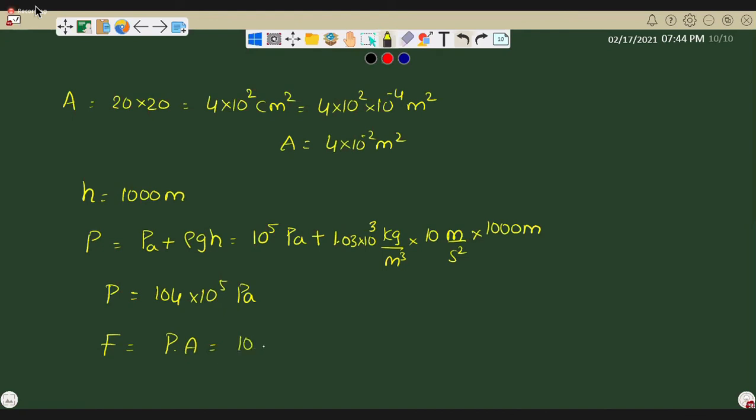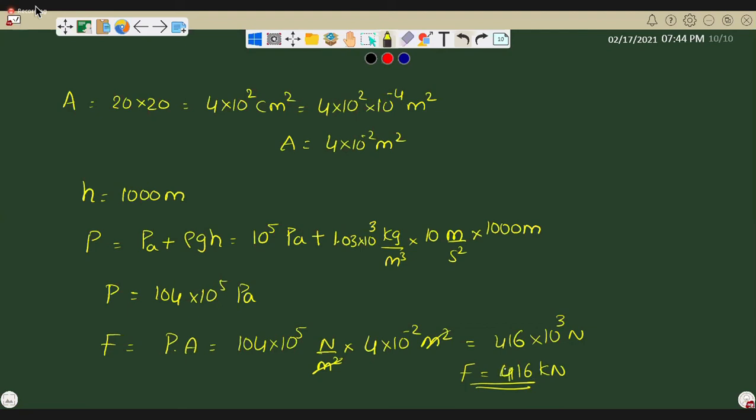So 104 into 10 power 5 newton per meter square into 4 into 10 power minus 2 meter square. Cancel: 4 times 104 is 416 into 10 power 3 newtons.